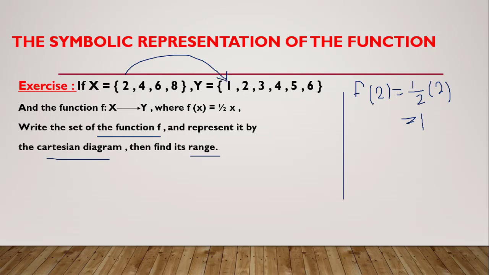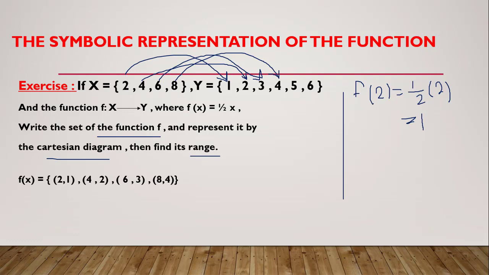By the same way, 4 will be related with 2, 6 with 3, and 8, half 8, which is 4. Okay, so this is the relation. The relation will be 2 and 1, 4 and 2, 6 and 3, 8 and 4.